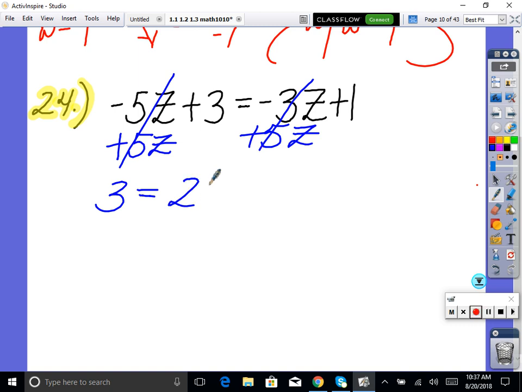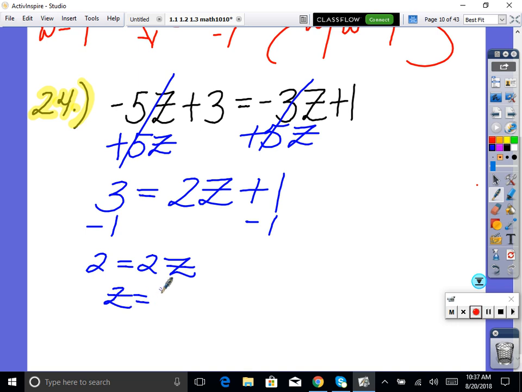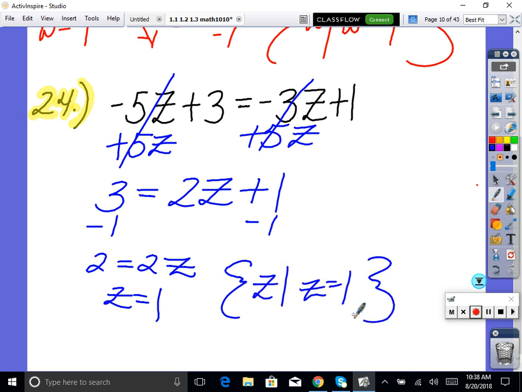Do you guys see how, for the most part, it would be pointless to take notes? It's probably easier to just watch because I'm going so fast. Okay, now what? Minus 1, minus 1. 2 equals 2z, so z equals 1. Good. So we have the set for z such that z equals 1. Everybody good? Easy peasy.